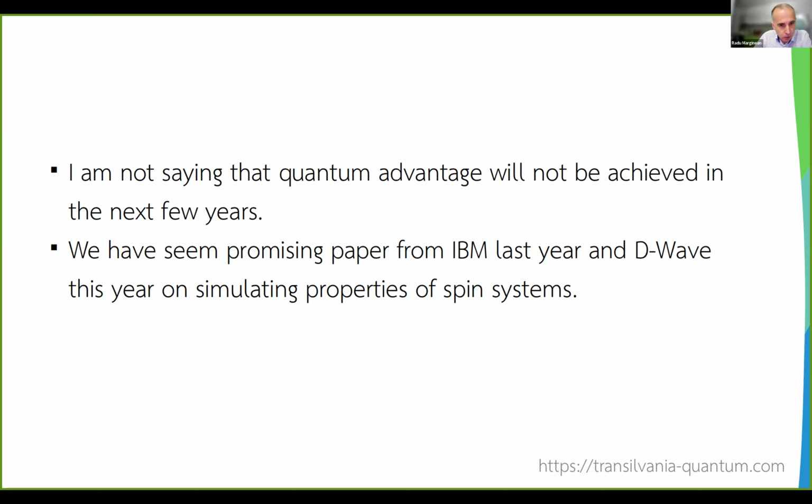I do not know how they will do that, but probably they will simulate some spin systems, which can be done, and which does not scale as badly, even if you run VQE, as a molecule does.